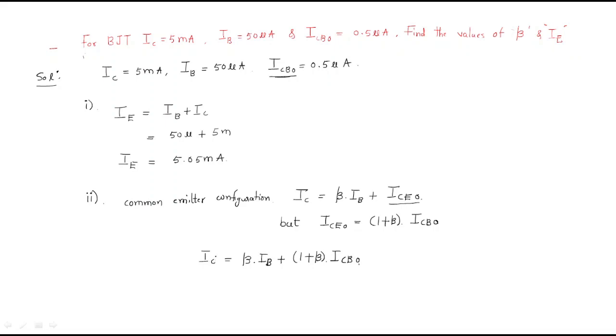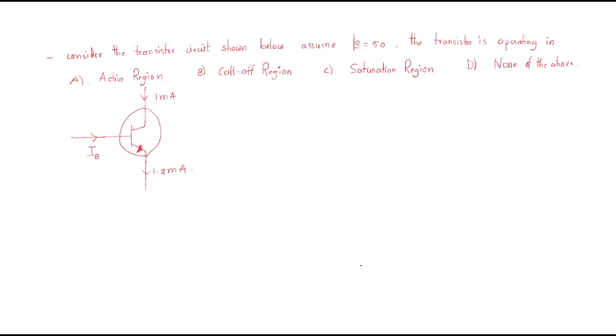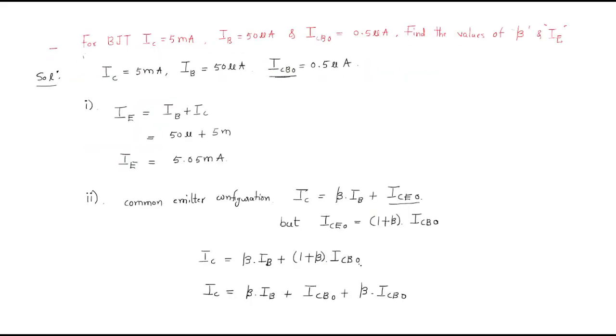Okay, from this we can write, so we will extend this IC equal beta into IB plus ICBO plus beta into ICBO. So just common the beta and separate the terms here.